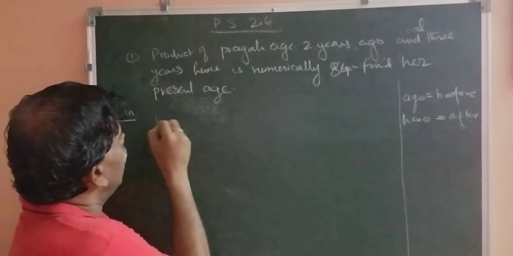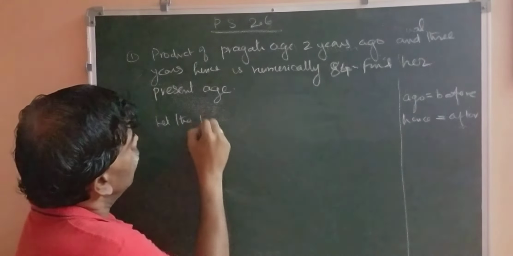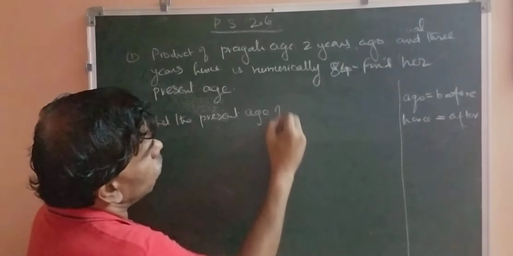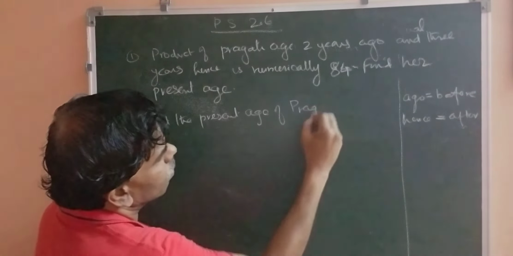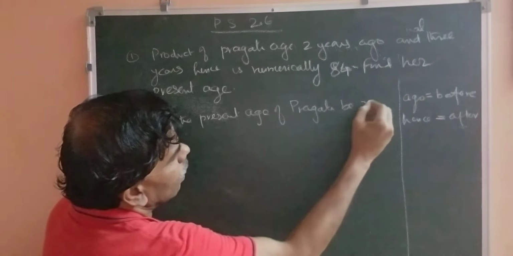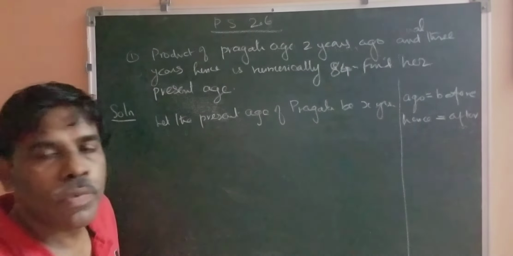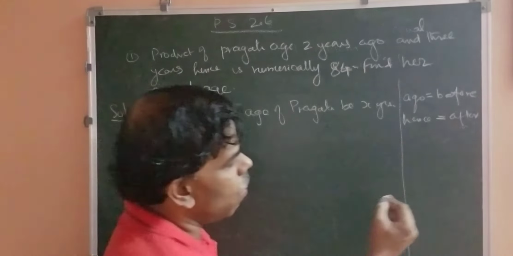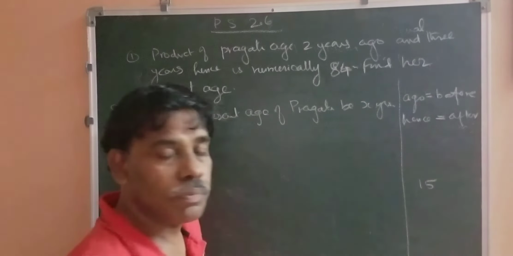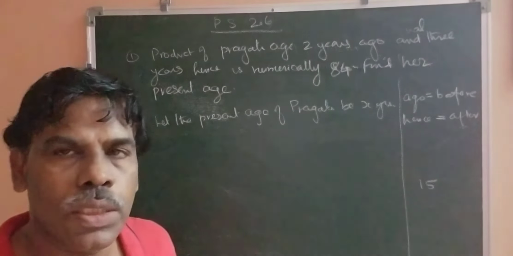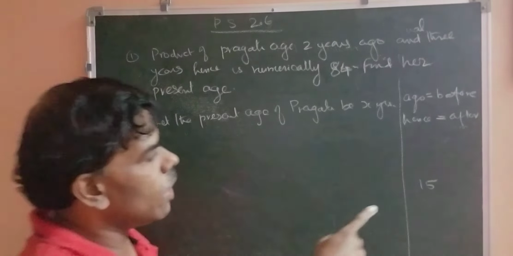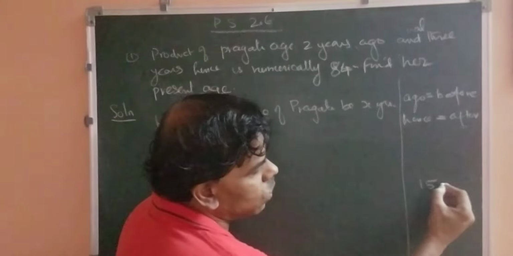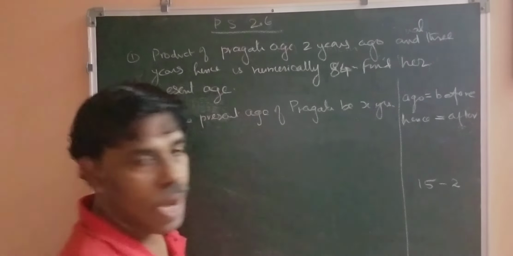So we will write, let the present age of Pragati be X years. Okay. We assumed now. For example, your age is now 15. Your age is 15. What was your age before 2 years? What you will do? You will subtract.